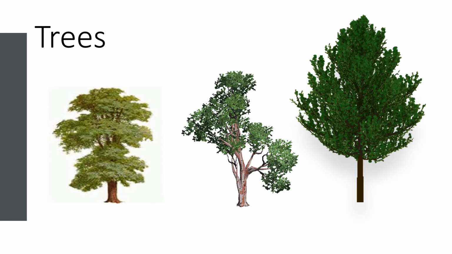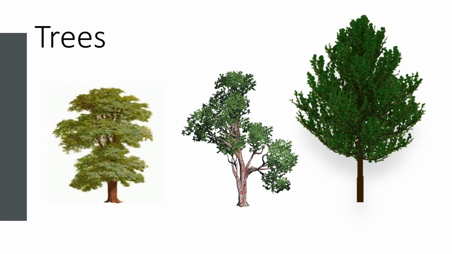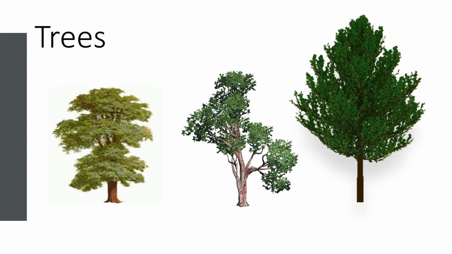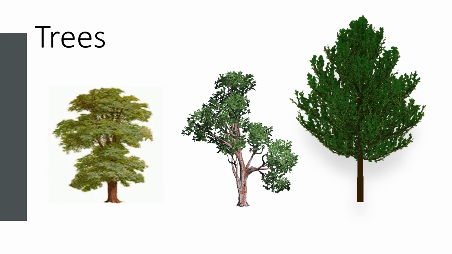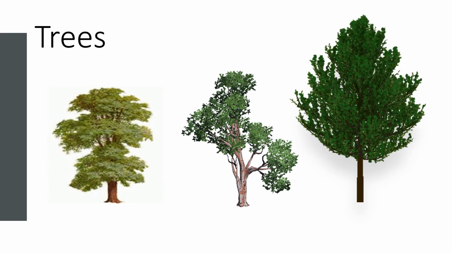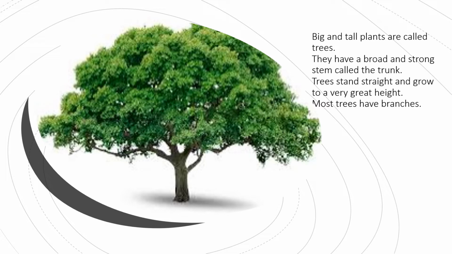Now, let us look at the first group of plants, children. They are called trees. What are they called? Trees. The first group, children, that I discussed with you. So the question here would be, what are trees? Let me answer this for you. These plants, children, are big and tall and even strong.